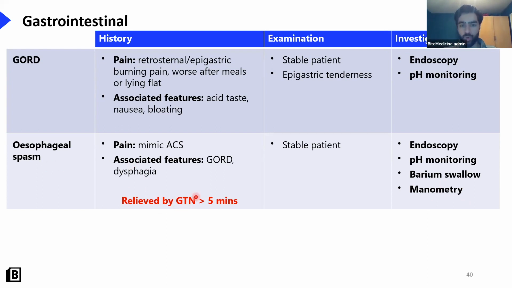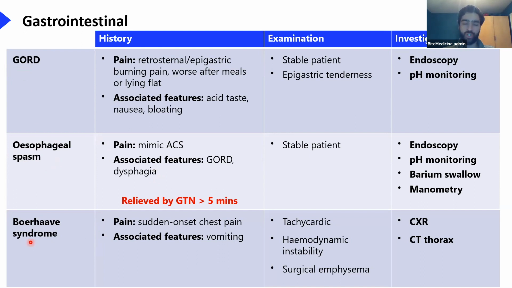And the key point is GTN can also provide relief in GORD because GORD is often associated with esophageal spasms. So, if someone comes in with an esophageal problem, giving GTN might actually improve their symptoms. But GORD alone, not in association with an esophageal spasm, shouldn't really be relieved by GTN.